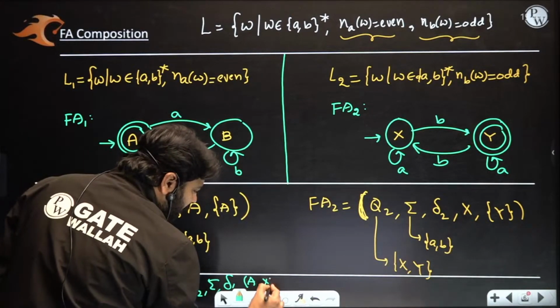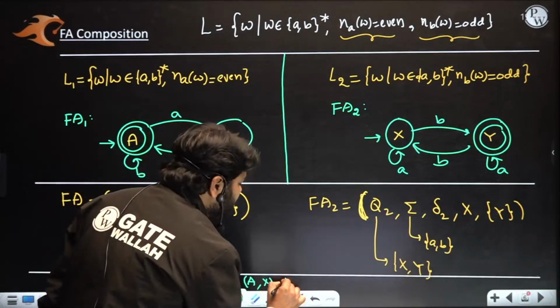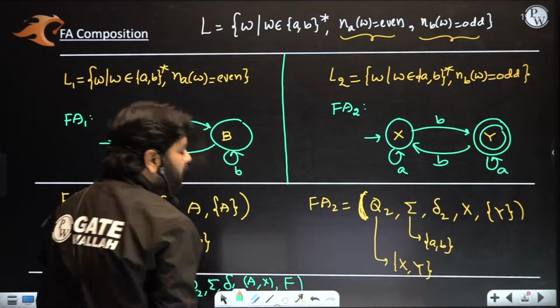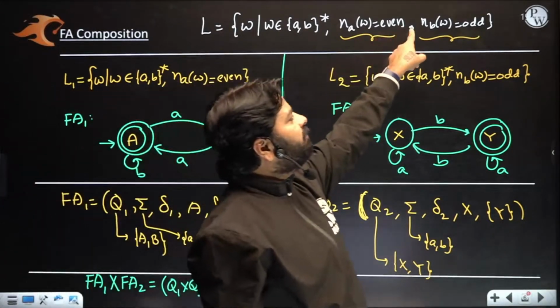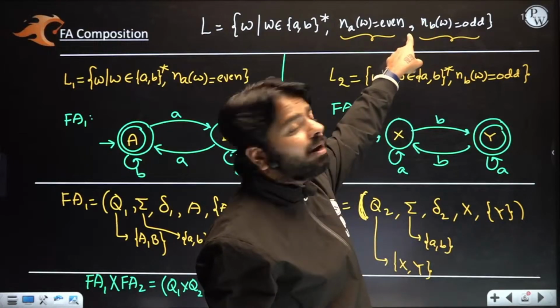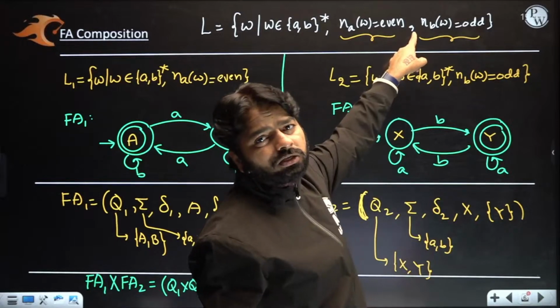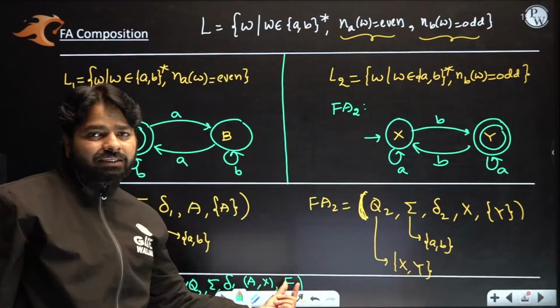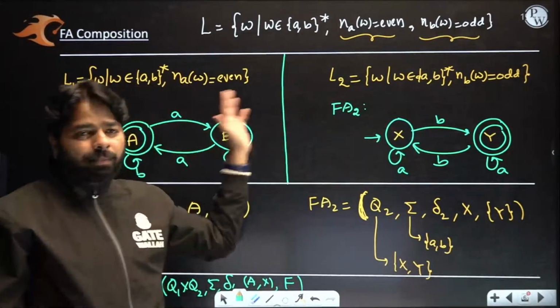This will be the pair which will act as the initial state, and the set of final states is going to be different. Why is it different? Because this F depends on what kind of composition you are doing. Is it AND or but not? This is AND, so the set of final states depends on what condition you want to apply when you combine.